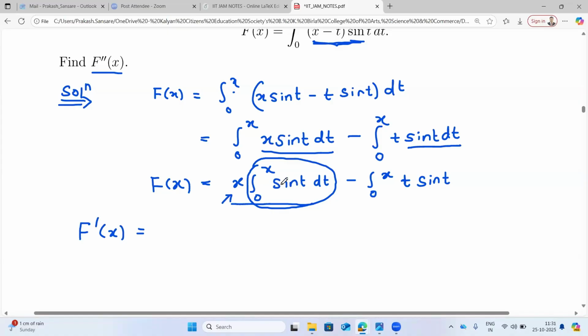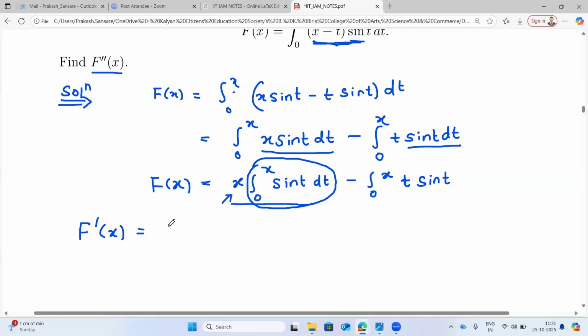It's basically a product of two functions. So we know how to find the derivative of two functions, I mean the product rule we have. So basically I'm going to use the u v product rule of derivative. What is the product rule? It is u into derivative of v plus v into derivative of u.